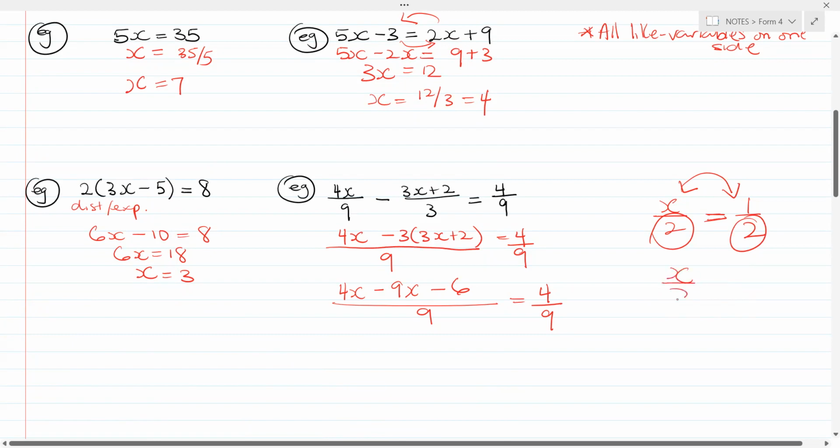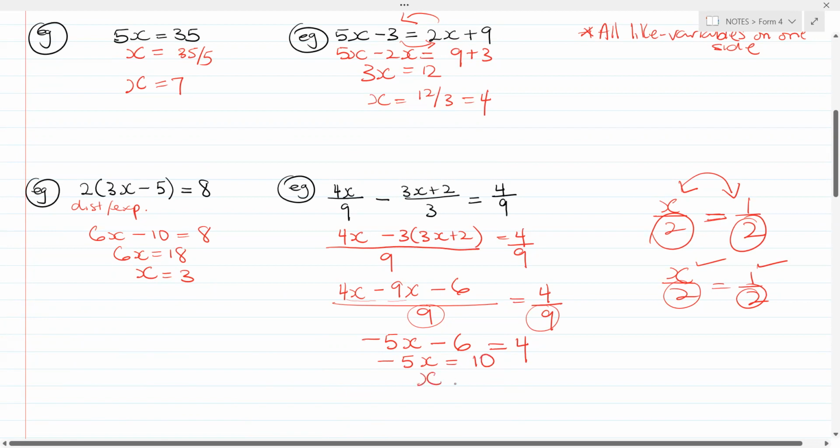So if the denominators are the same, it makes our numerators the same. So we can simplify 4x minus 9x, which will give us negative 5x minus 6 is equal to 4. So they had the same denominators, so we just put the numerators equal to each other and we solve accordingly. So minus 5x is equal to 4 plus 6, which is 10.